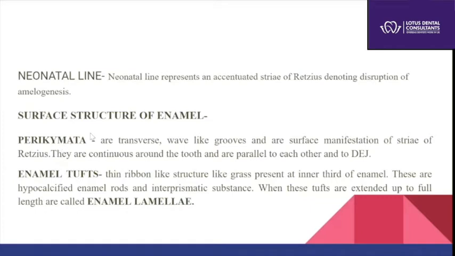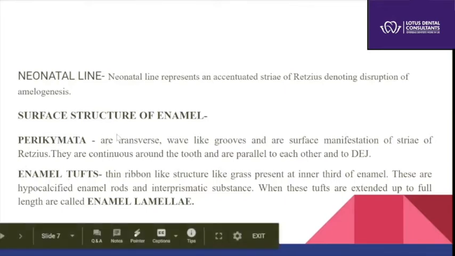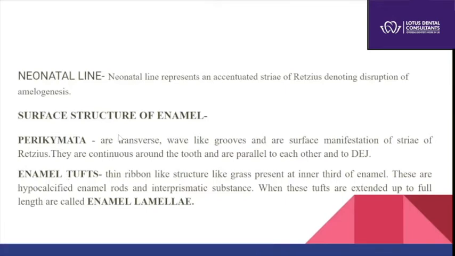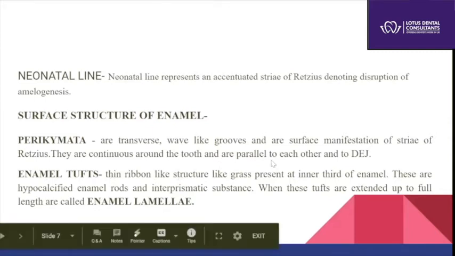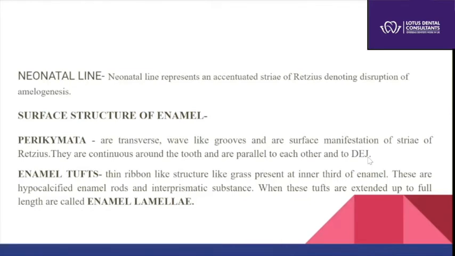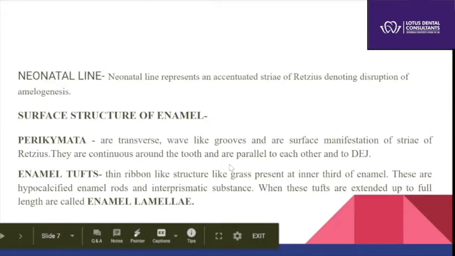So striae of ridges, as we discussed, end some point inside the outer enamel surface, away from the outer enamel surface. But their external manifestation is seen as perikymata. They are continuous around the tooth and parallel to each other and to the dentino-enamel junction.